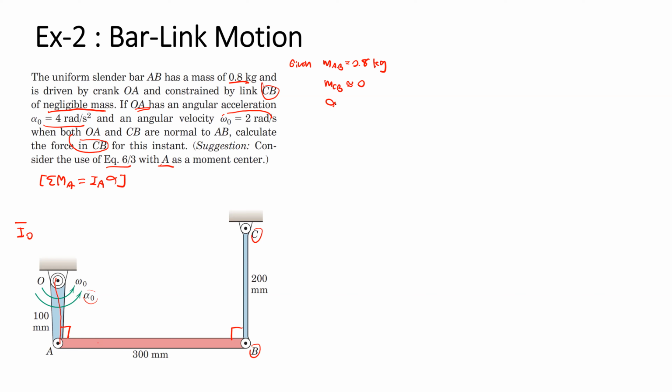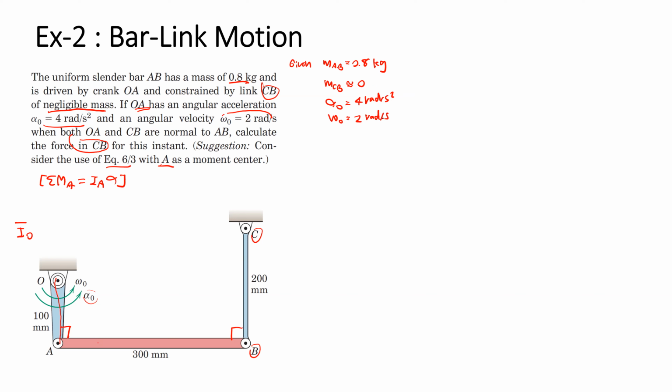The alpha 0 and the omega 0 are provided, 4 and 2 radian per second.